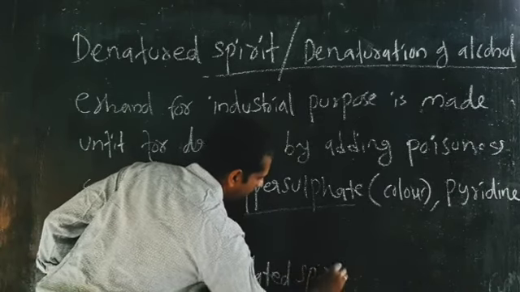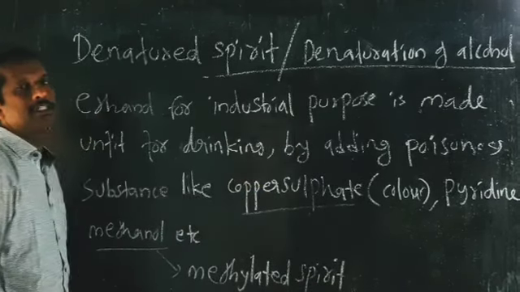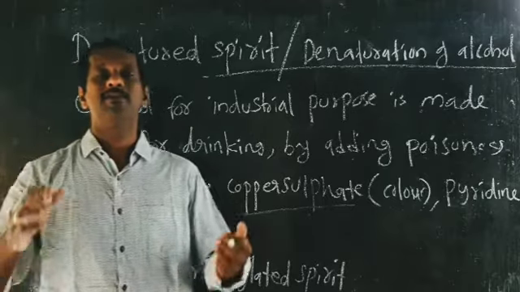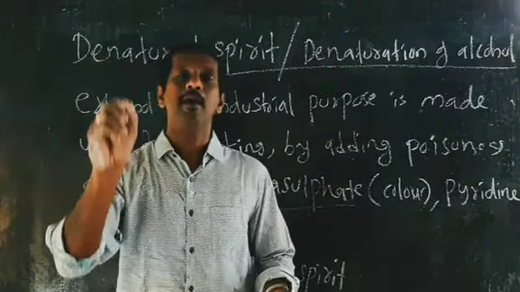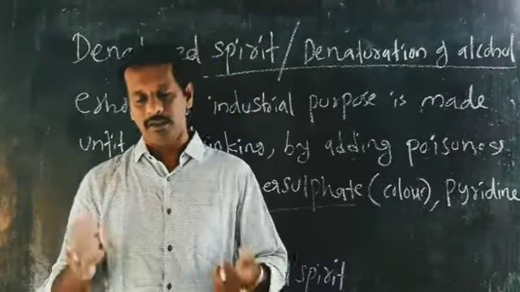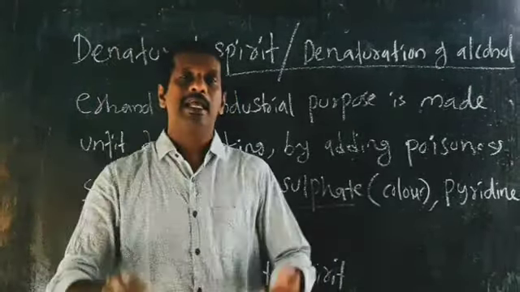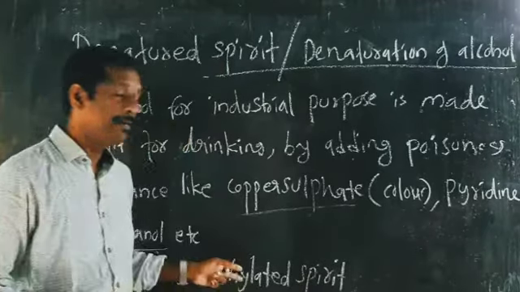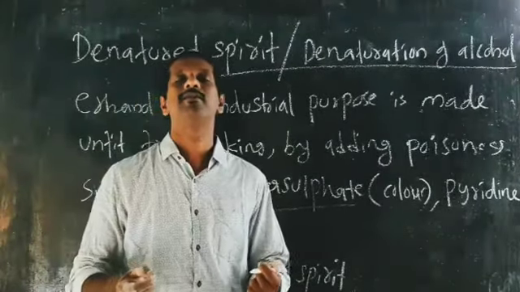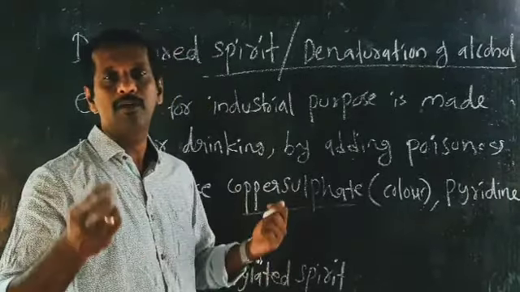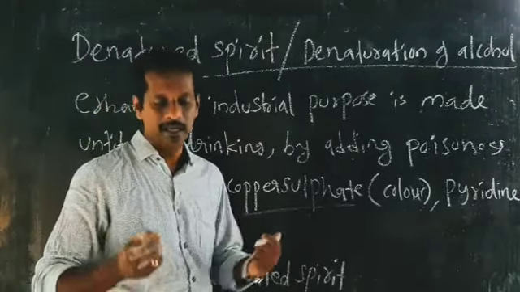So these are all important. What is methylated spirit? If the ethanol for industrial purpose is made unfit for drinking by adding 5% methanol, then that is known as methylated spirit. Of course, methylated spirit is very highly poisonous. It cannot be used as a beverage.